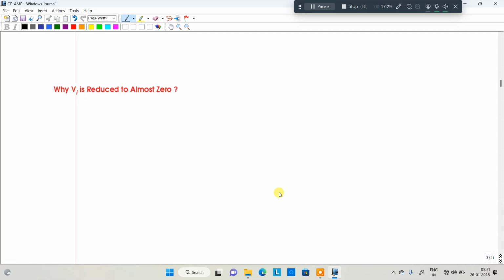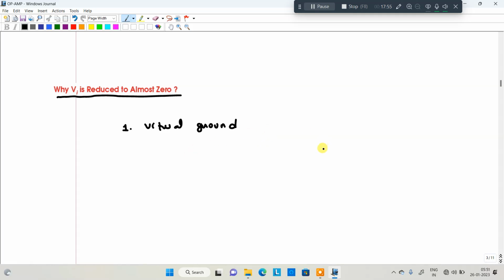We will see two cases. The first case, already discussed: due to the virtual ground, because no current flows through the op amp, the potential difference is zero, so the ground potential is the same as the input terminal potential.